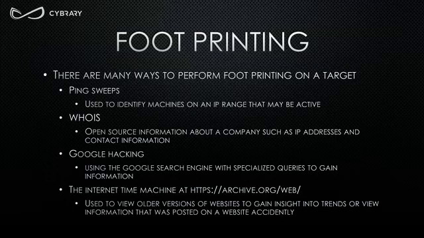This will give you an insight into trends or view information that was posted on a website accidentally. So sometimes things might get posted on a website and stay up there for a day or two, and then somebody realizes, oh crap, this isn't supposed to be there, and then they delete it. Well, archive.org takes snapshots of these web pages, and that information could still be there.